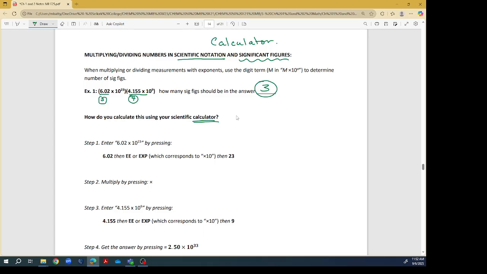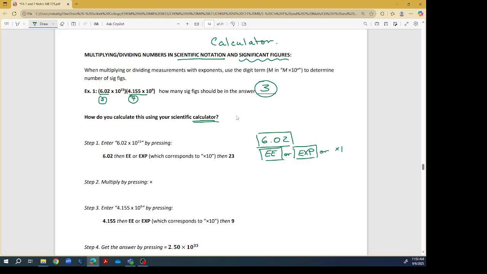So in inputting these values, typically what you do is enter 6.02, and then you have a button on your calculator. On some calculators, it's an EE or EXP. On some calculators, it's a big button down the bottom that really looks like this.